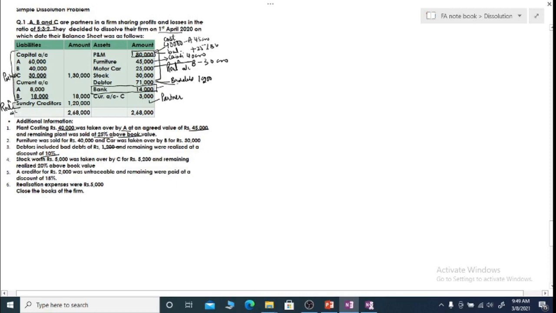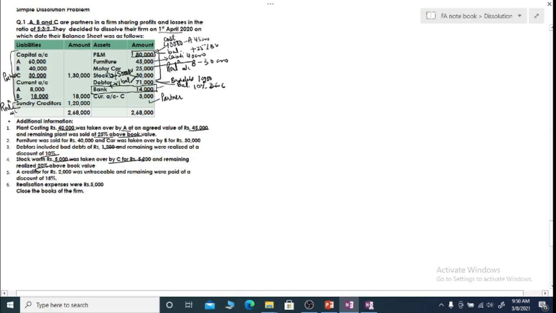Stock of 5,000 was taken over by C for 5,200. So for stock of 5,000 book value, it is taken over by C for 5,200, and the balance is sold for 20% above book value.